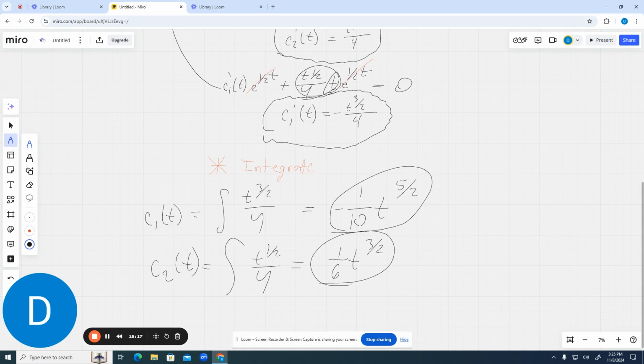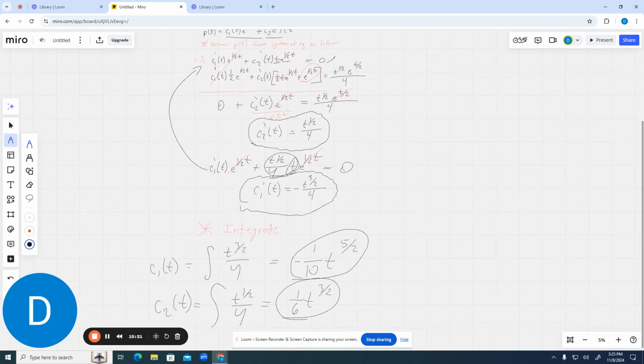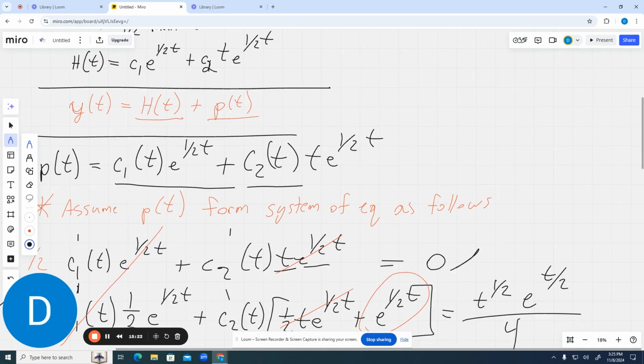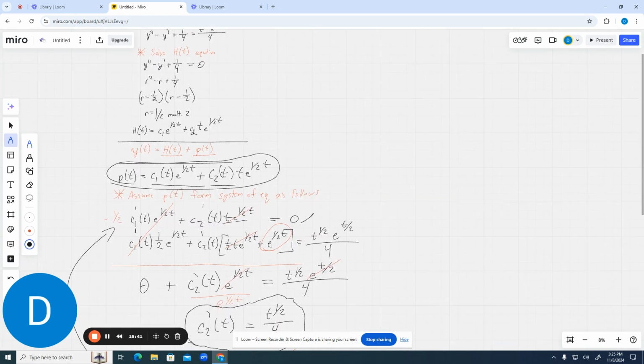And so now we have our C1, we have our C2 of t, and so this comes back to our particular solution right here, right? Our particular solution says this. And so if we plug in what we have in our particular solution, we end up getting, let's go ahead and put this in here.